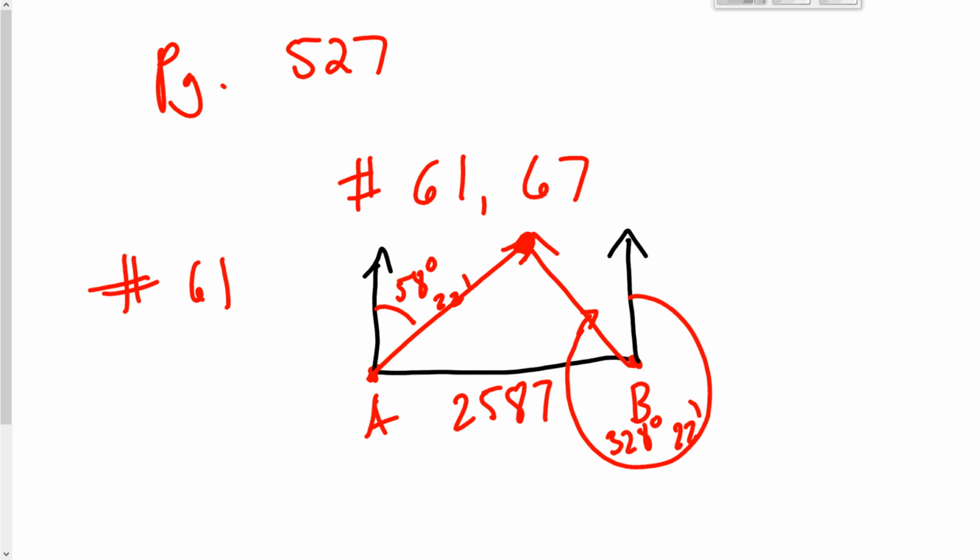So just like before, right here, because this is horizontal, that means we have 90 degrees there and 90 degrees here. And so we can notice that this gap that's going to be filled is 58 degrees and 22 minutes.